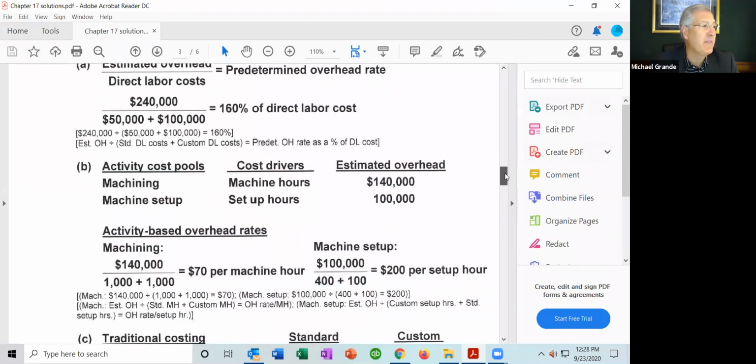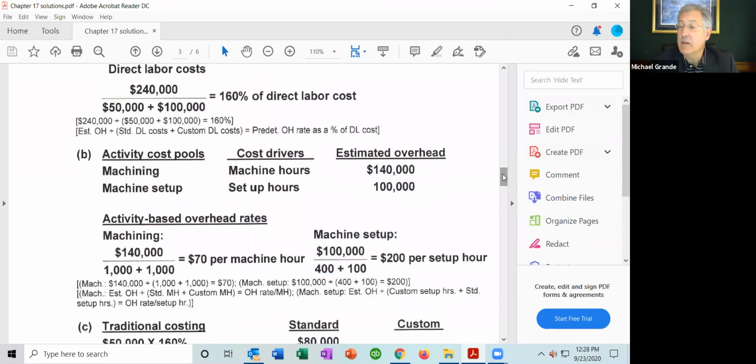And we remember what that is. It's the cost pool dollars divided by whatever the cost driver is. So we have only two cost pools: machining and machine setups.